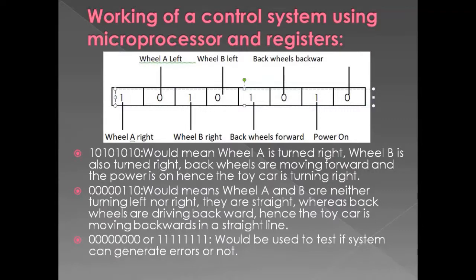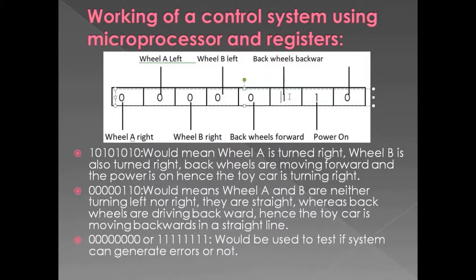Now if you are given this number, it means that wheels A and B are not turning anywhere. Back wheels are going backward, power is on, that means the toy car is reversing or moving backwards in a straight line.